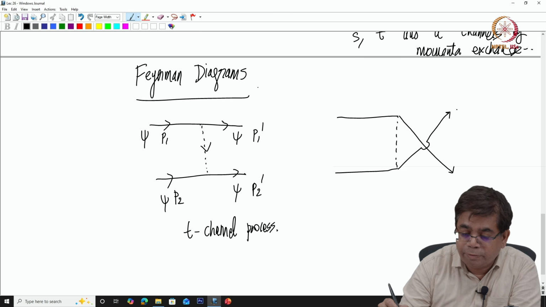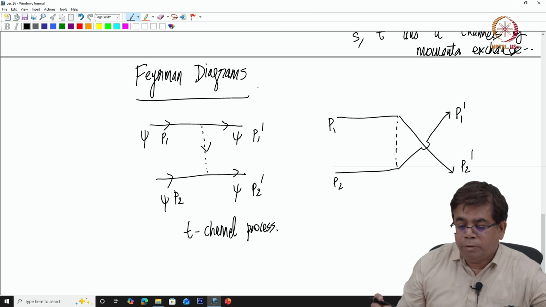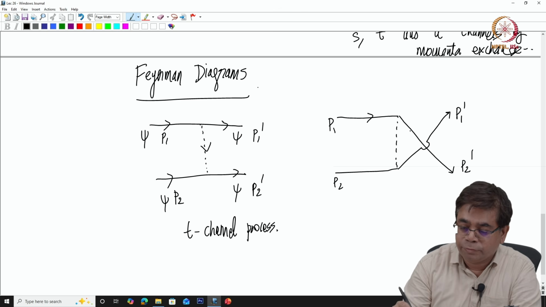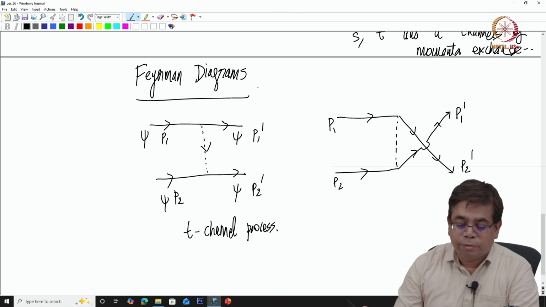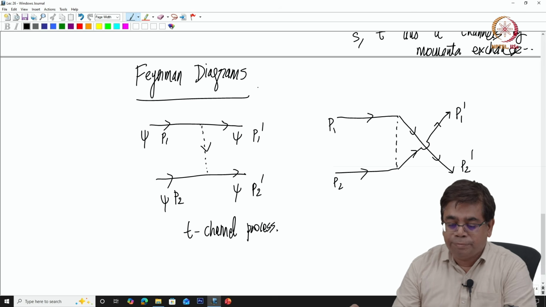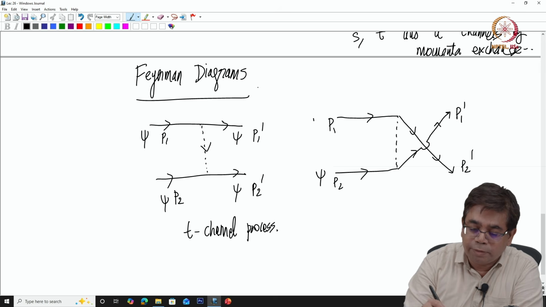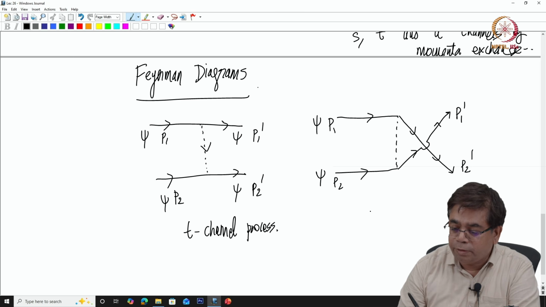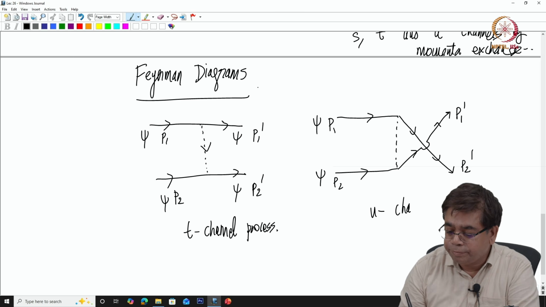So you have P1 prime, P2. Okay. So you have psi and the phi is exchanged. This is called a U channel process.